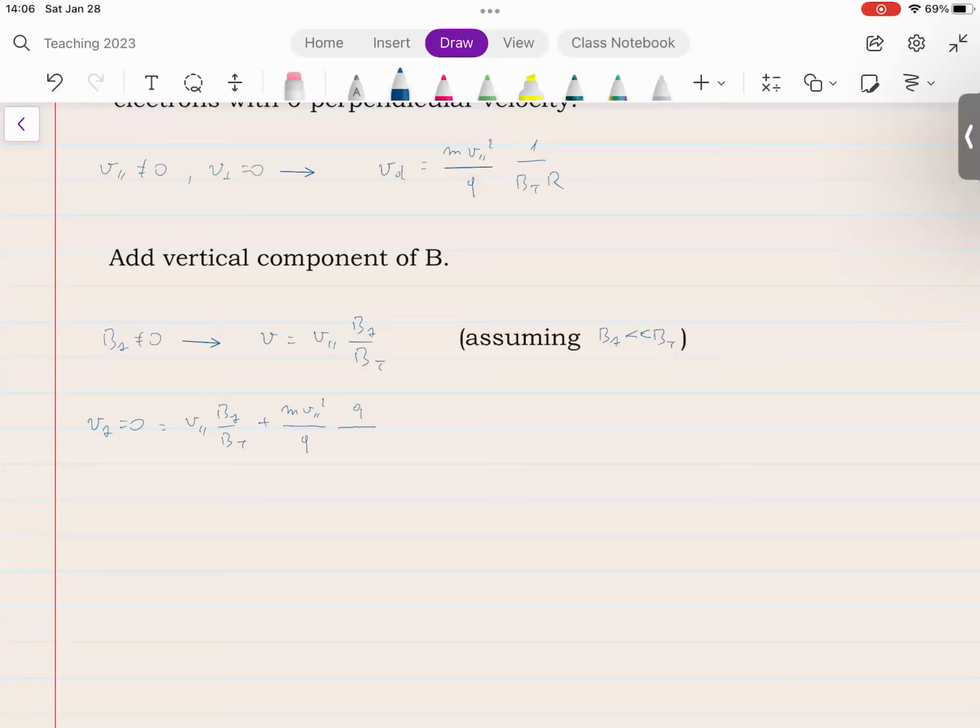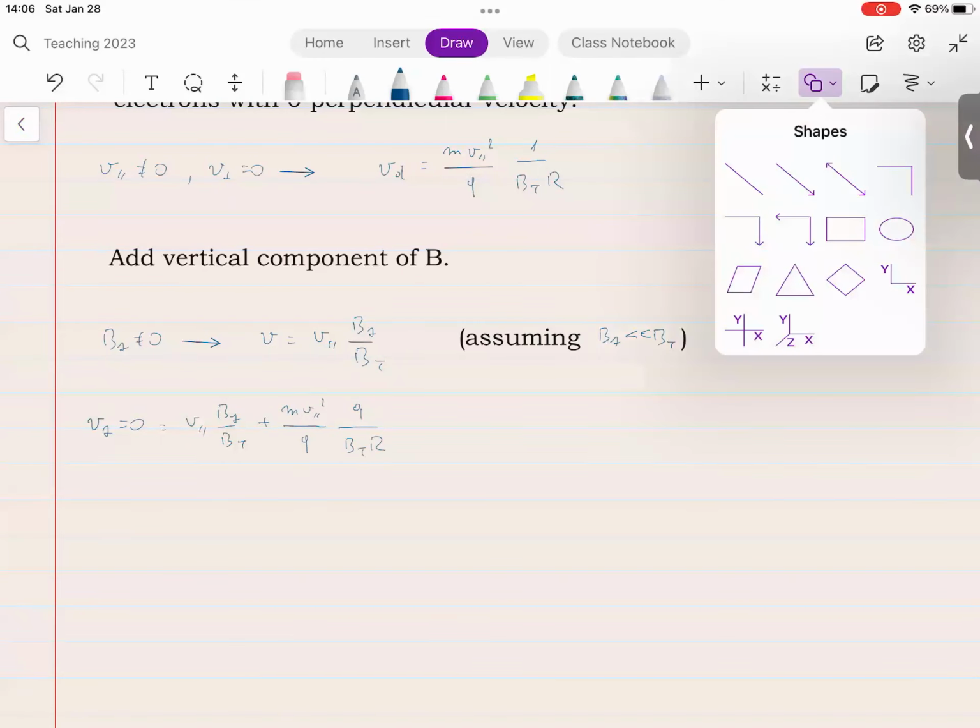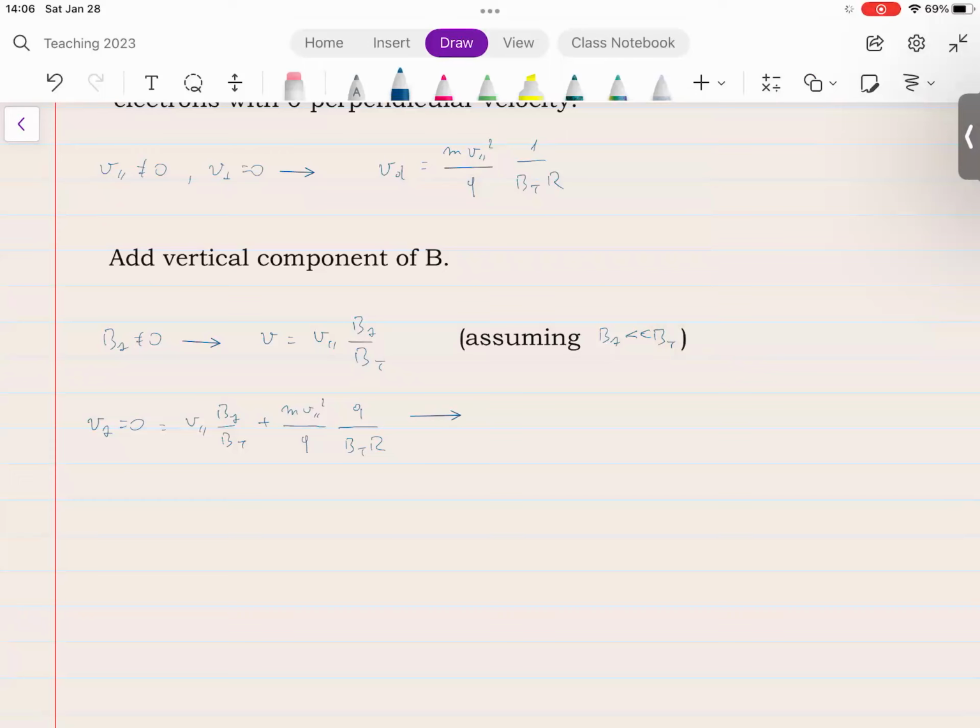Long story short, if I have a z component of the field that's equal to minus m v parallel divided by rq, then the z component of the velocity is going to be equal to 0.